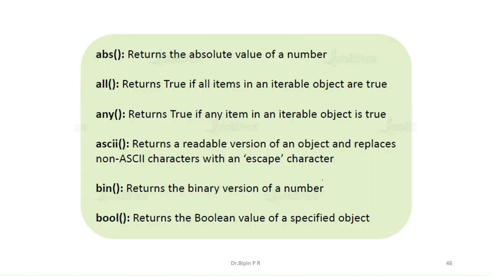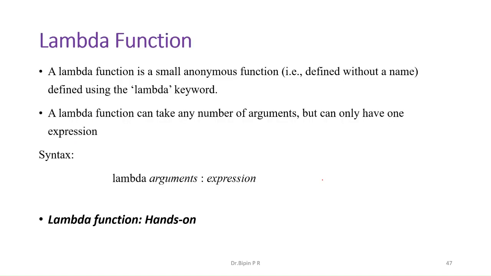Lambda function is also known as anonymous function. Lambda function is a small anonymous function defined without a name. There is no requirement for a function name. In a single line, you can perform everything.